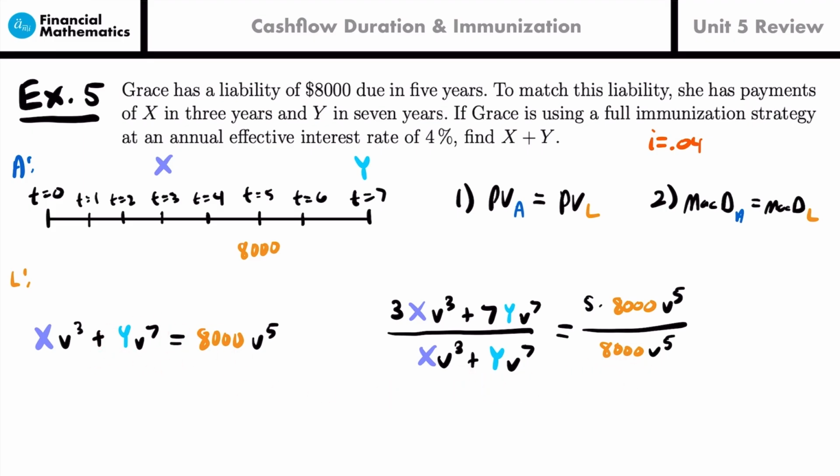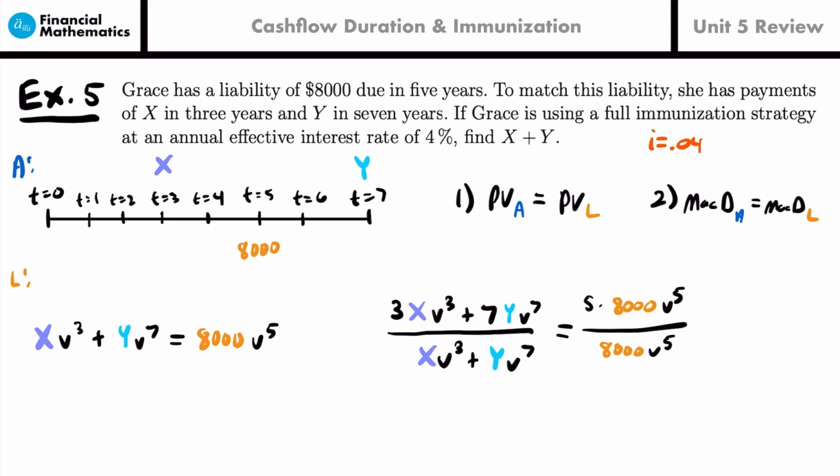So what we can say is that if these assets and liabilities are going to be fully immunized, this numerator is what needs to be true for the second condition, okay? We're already saying that the denominators are going to be equal because those are the present values of the assets and liabilities. So we really only need to work with the numerators here as our second equation.